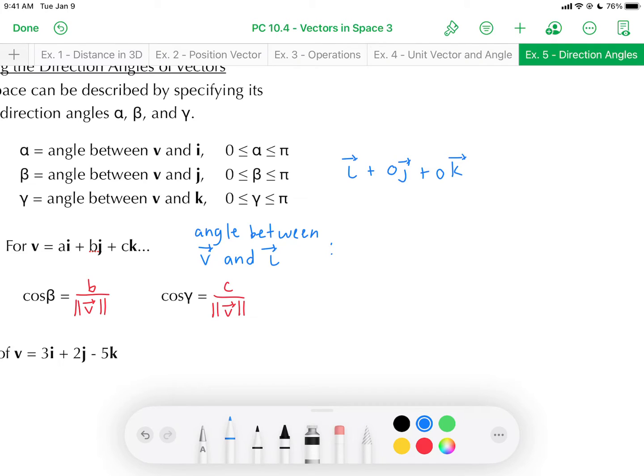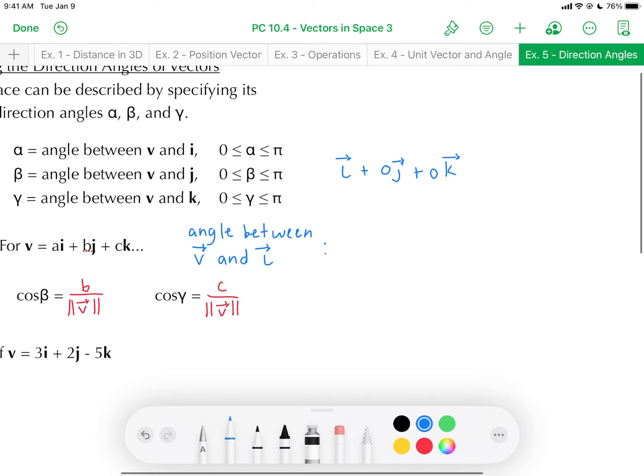So keep that in mind. All right? Cosine of this angle, which we're going to call alpha, to be consistent with the definitions above, is supposed to equal the dot product between vector v and vector i divided by the product of their magnitudes.